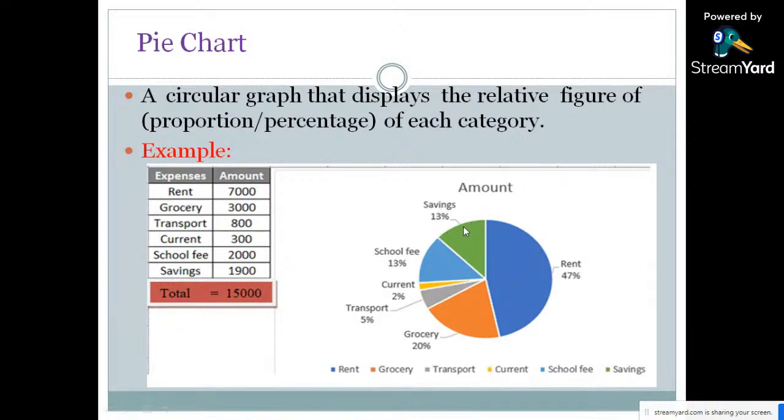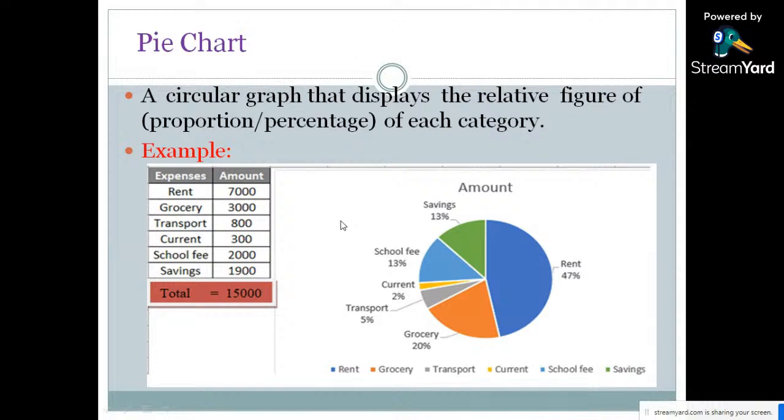This area represents 13% of the total for saving and so on. So this can be calculated simply by dividing the individual expense by the total 15,000 and multiplying by either 100 or 360 degrees. Okay.